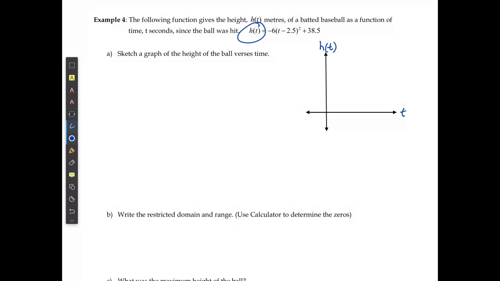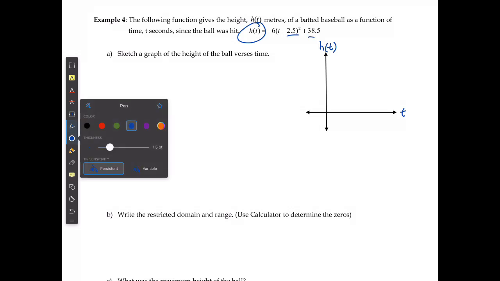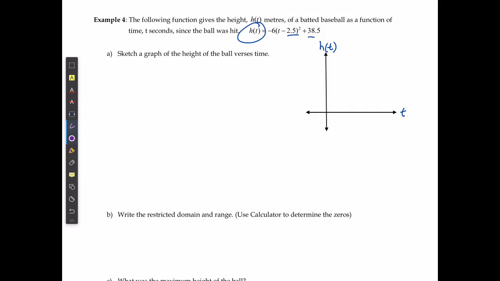So I can take my vertex that I pull straight from my problem, and I know that's going to have a vertex of 2.5 and 38.5. I can find my y-intercept by just hitting trace 0 enter or taking a look at my table. And my y-intercept in this case is actually at 1.